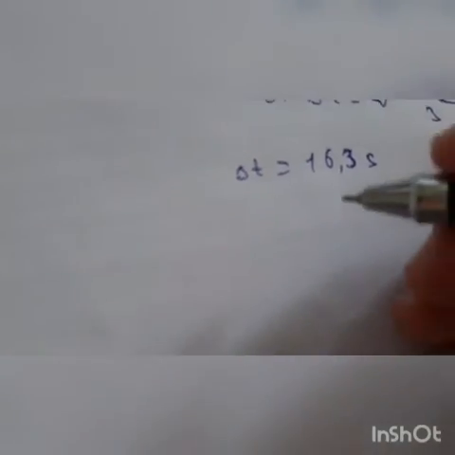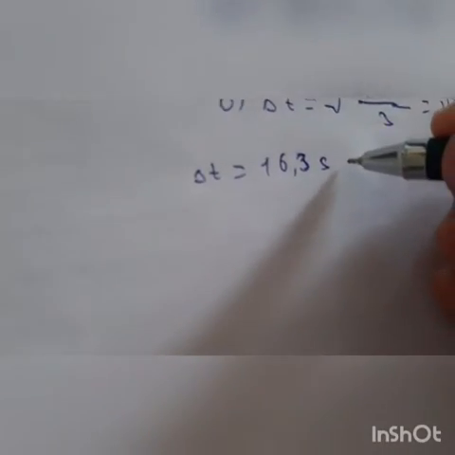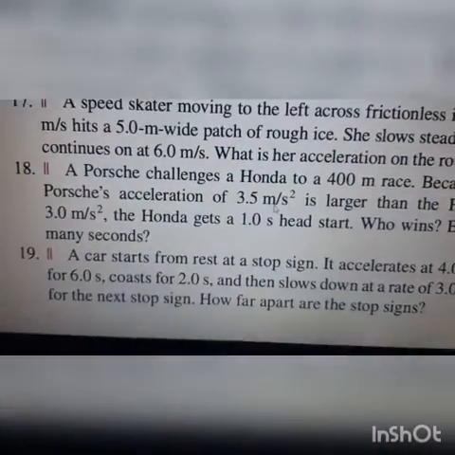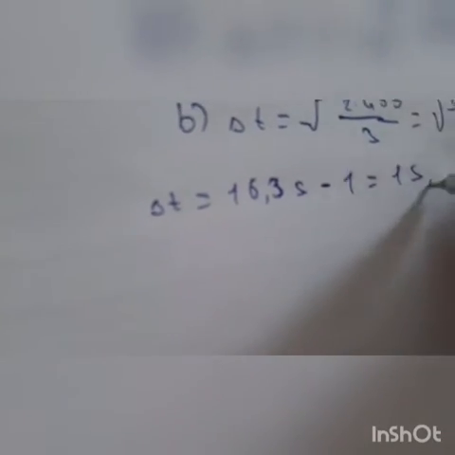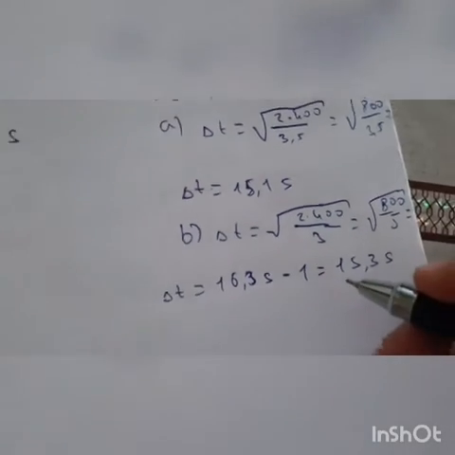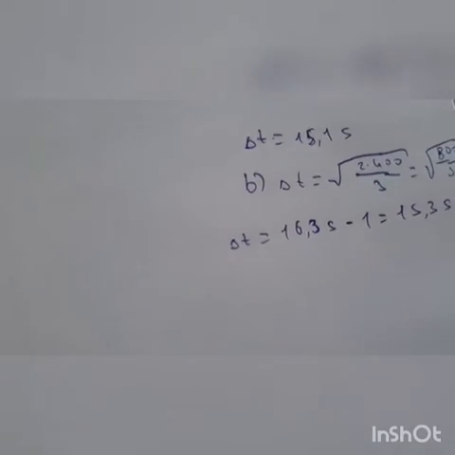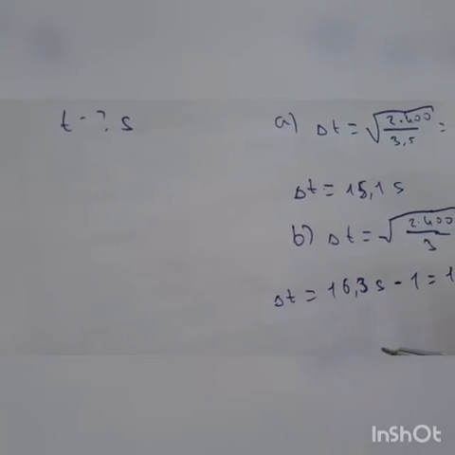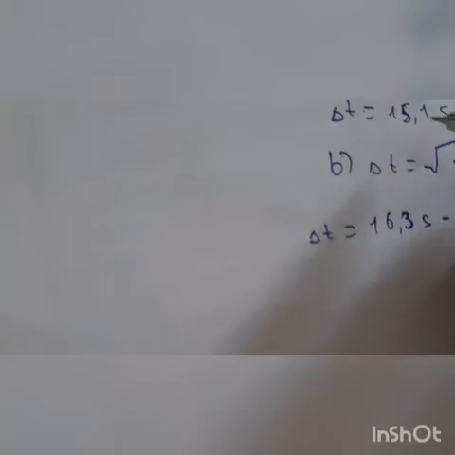And we subtract 1 because it has a 1 second head start, and there is 15.3 seconds. And we see that the Porsche wins because its time is 15.1 seconds. Okay, this is our third exercise.